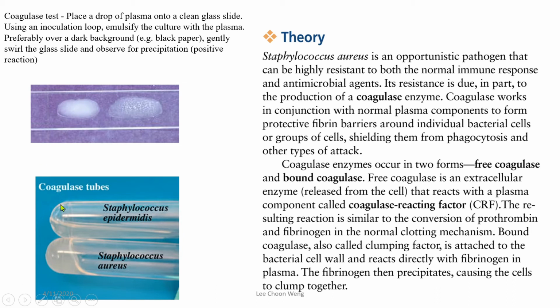Whereas if you use the coagulase tube test and the coagulase test is positive, you can see that it remains clotted and not liquid as in the coagulase negative test. The coagulase test is usually very important to differentiate between coagulase positive Staphylococcus versus coagulase negative Staphylococcus.